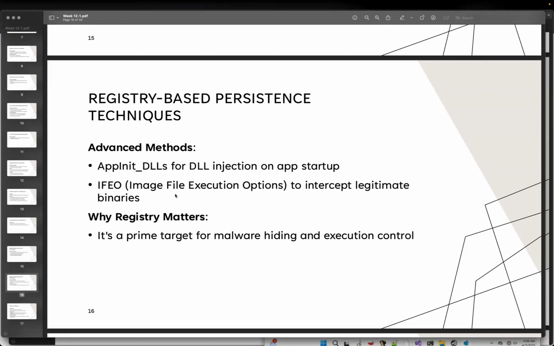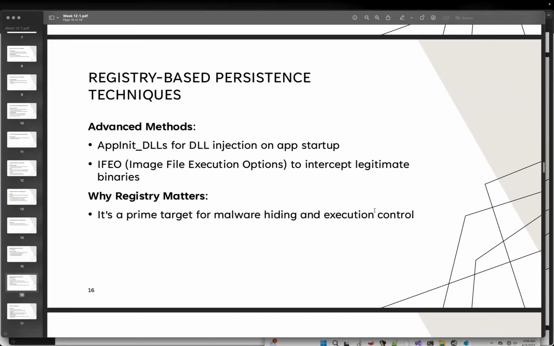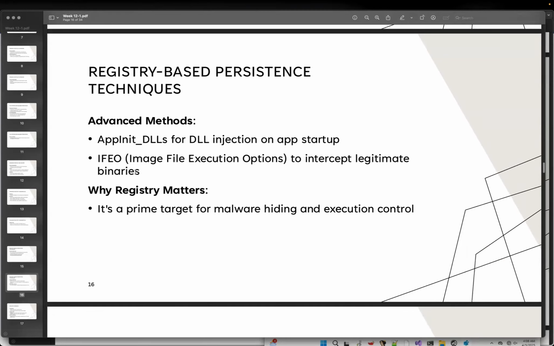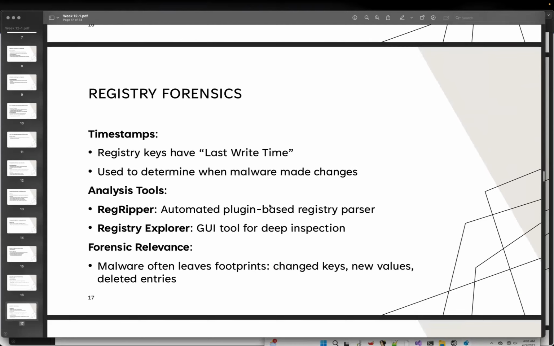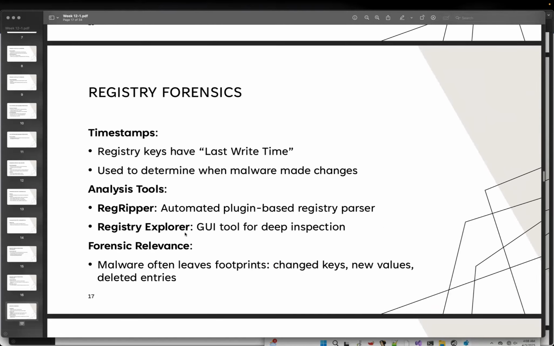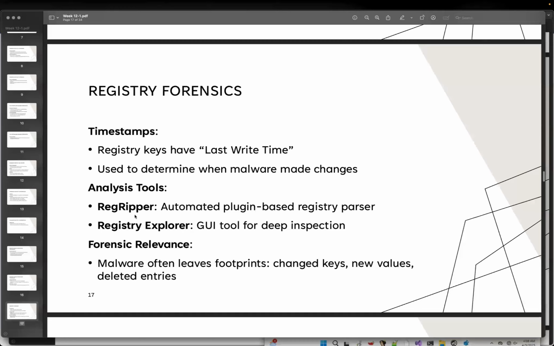And also maybe the image file execution option right here, we say to intercept the binary. So right here, last time we said we stopped right here, and we do have some analysis tools we can use, which is Regshot and Registry Explorer. So they help us look at the arbitrary features or for the deep inspection.